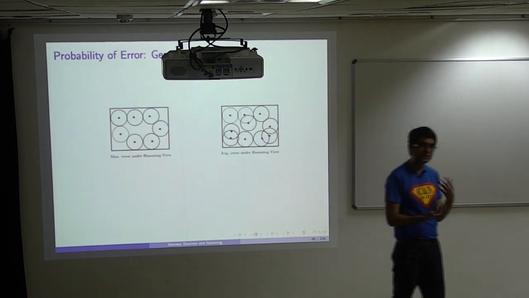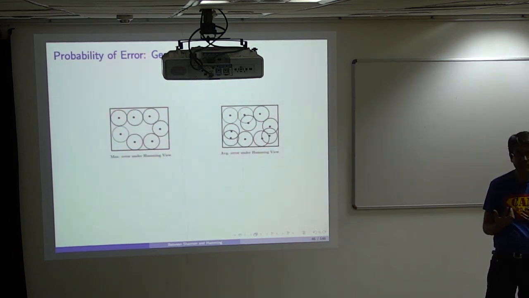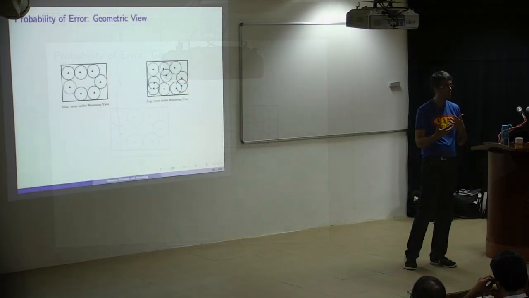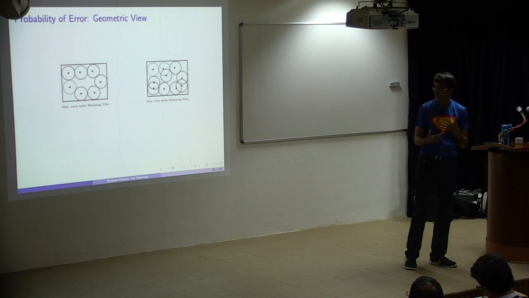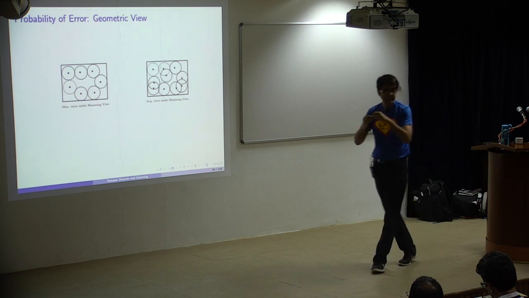So maximum probability of error in an adversarial setting is a much more stringent requirement than a maximum probability of error in the Shannon setting, right? You do not allow any overlap at all.